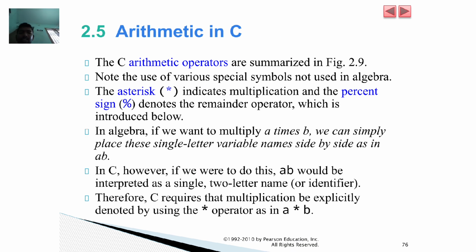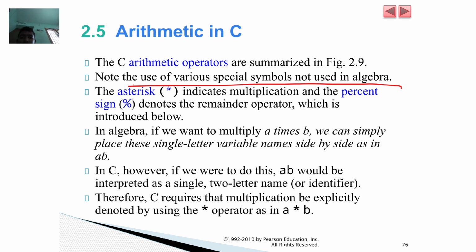Arithmetic in C. The arithmetic operations are summarized in the figure. Note the use of various special symbols that are not used in algebra. As you have practiced in JEE Mains, JEE Advanced or any standard exam, the multiplication symbol and the percentage symbol do not carry that meaning here.